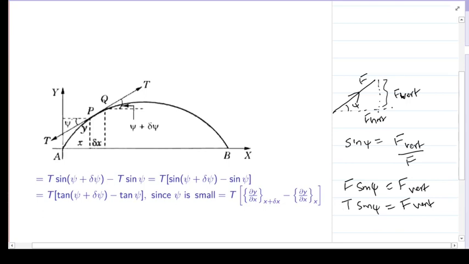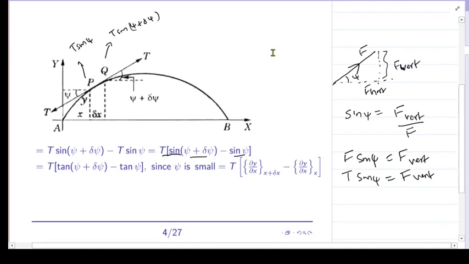If we consider only the vertical component, for the point P we take T sine psi, and for Q this is T sine of psi plus delta psi. So the difference is T sine of psi plus delta psi minus T sine psi. We can take T outside, so it is equal to T times sine of psi plus delta psi minus sine psi. Also for small angles, we can say sine is almost equal to tan.